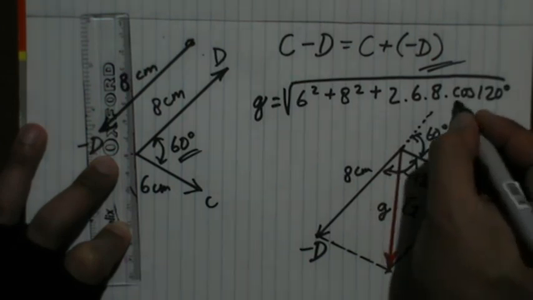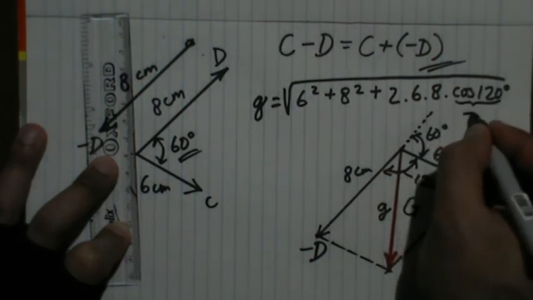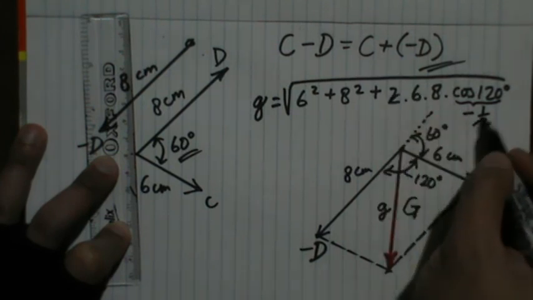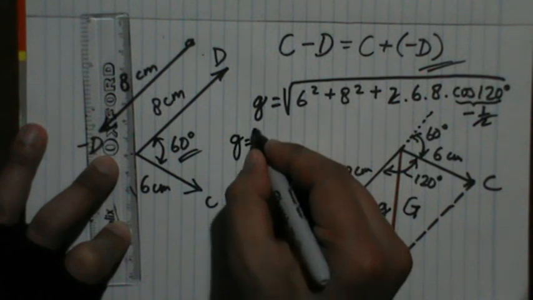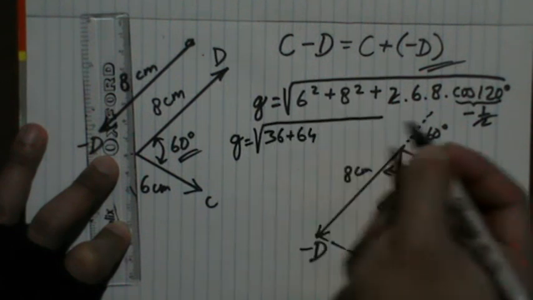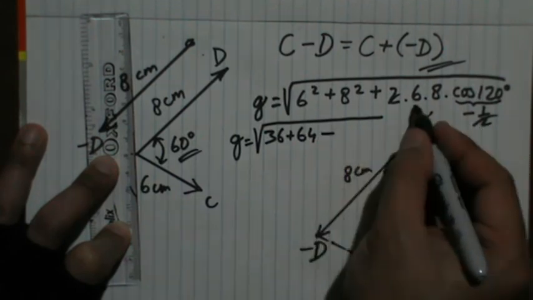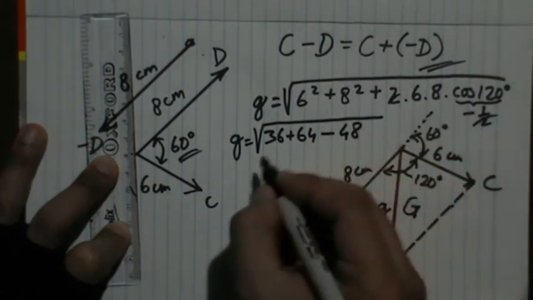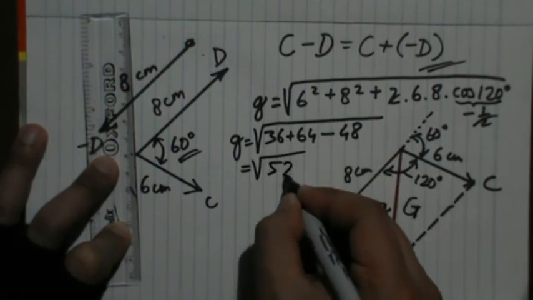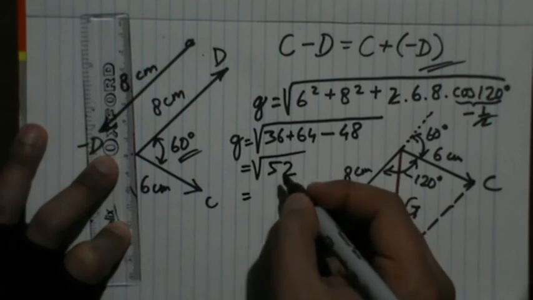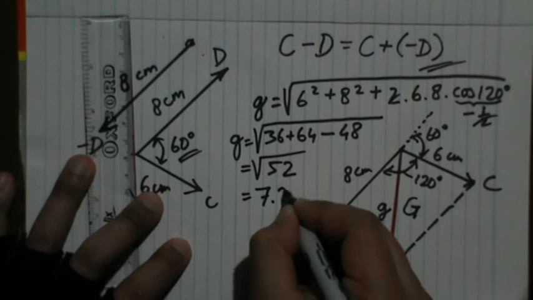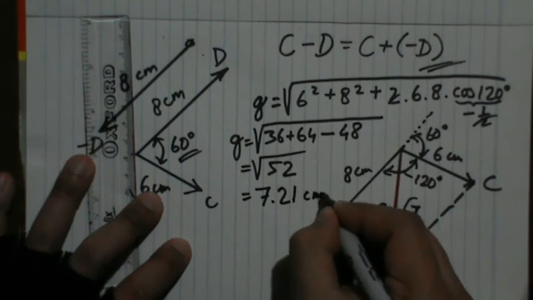And this is minus 1/2. So if you calculate the value, this will be 36 plus 64 minus 48, or you get the square root of 52. And if you calculate the value, that will be 7.21 centimeter.